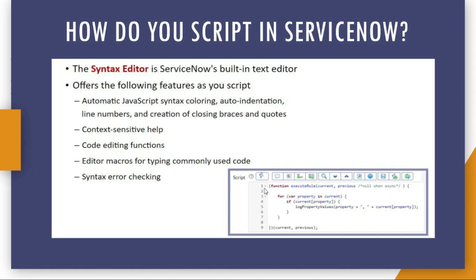Line numbers and coloring are done on the scripting part. Also context-sensitive help, code editing functions, editor macros for typing commonly used code, and syntax error checking. So this is the editor where we write our script in ServiceNow.